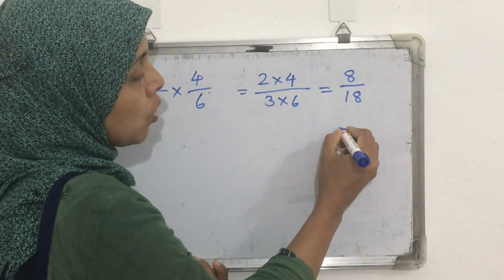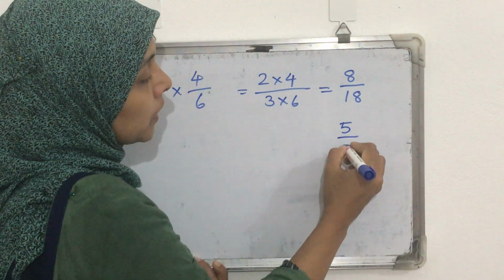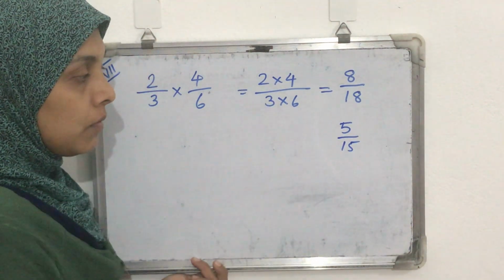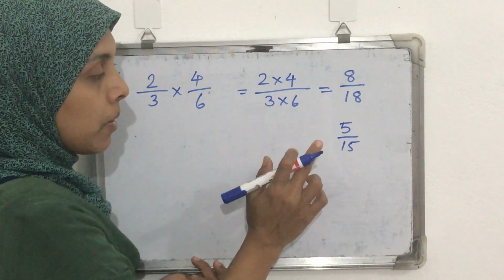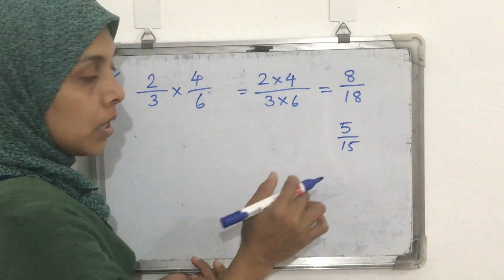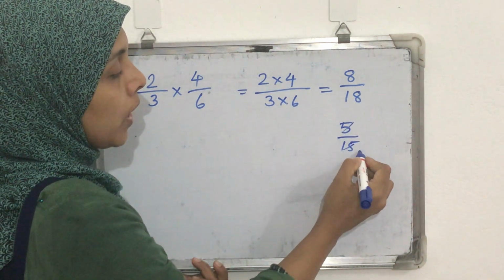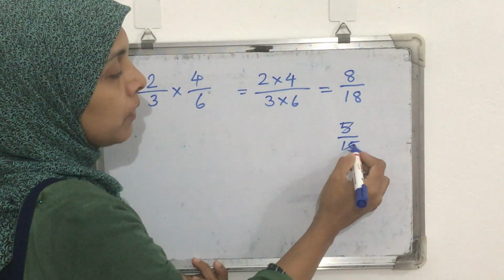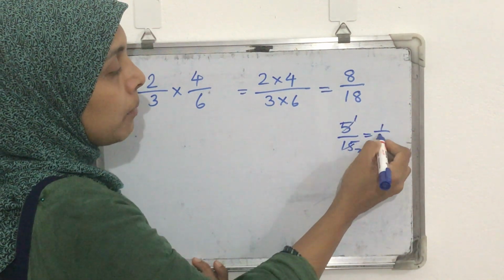What will be the lowest form of 5 by 15? The common factors of 5 and 15 are 1 and 5. So we divide both the numerator and denominator by 5. How many 5s in 15? 3. And how many 5s in 5? 1. So it will be 1 by 3.